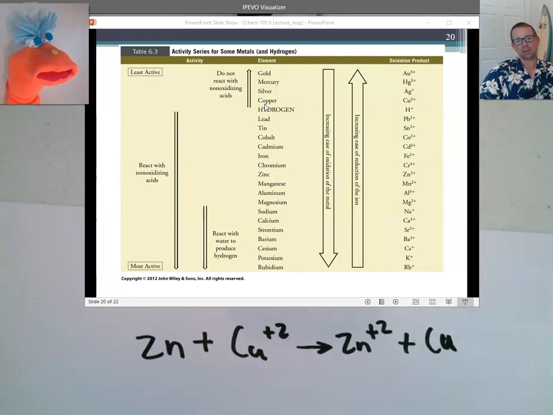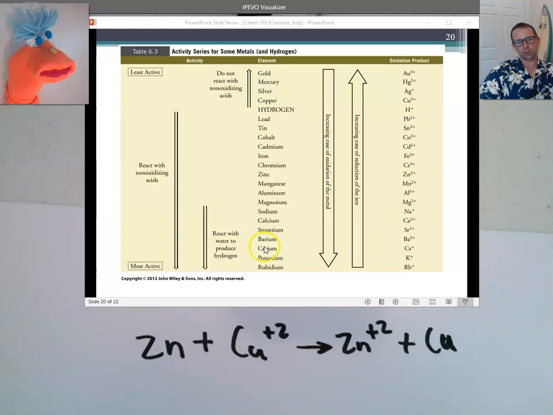And that's because these are not very active elements. Whereas down here, cesium, sodium, potassium, rubidium. Remember what happens when those come in contact with water? Yeah, they explode. Remember we saw that video? So down here are our more active elements.